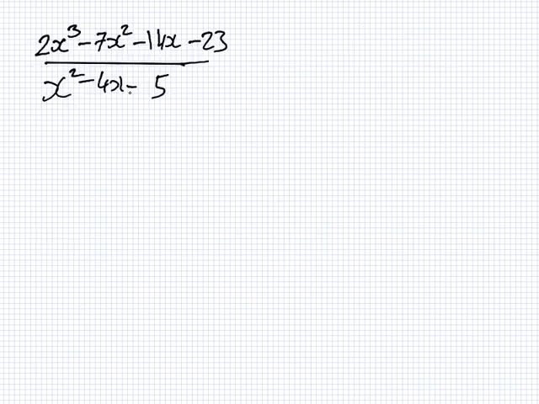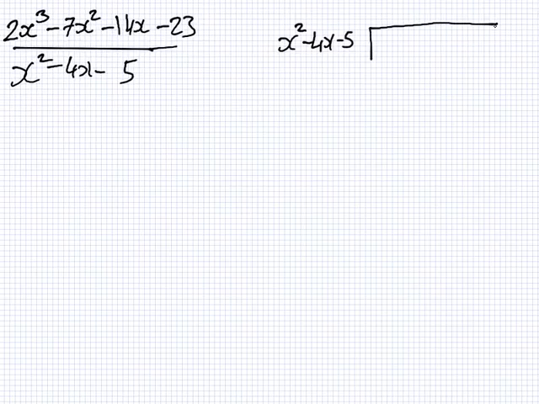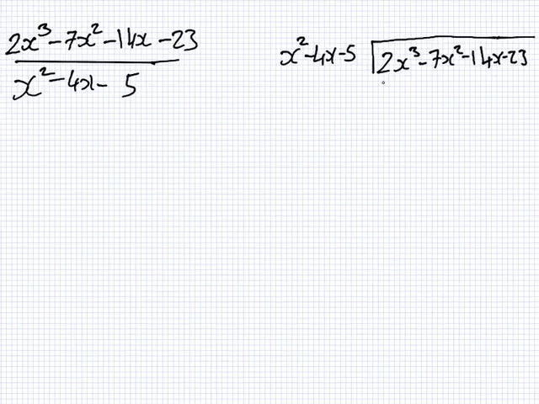You can divide x squared minus 4x minus 5 into 2x cubed minus 7x squared minus 14x minus 23. This will be 2x.